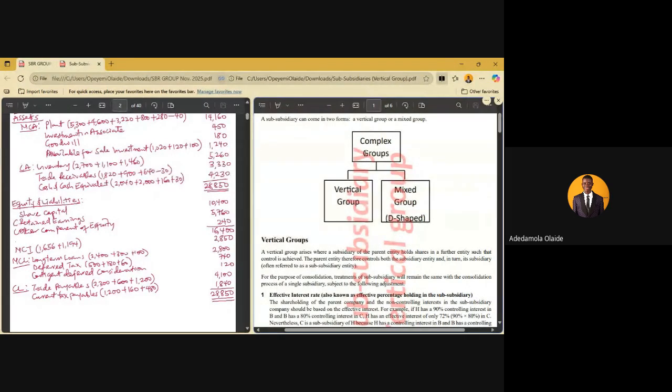Now, for the purpose of consolidation, we have two types of group. You can have a vertical group and a D-shaped group.